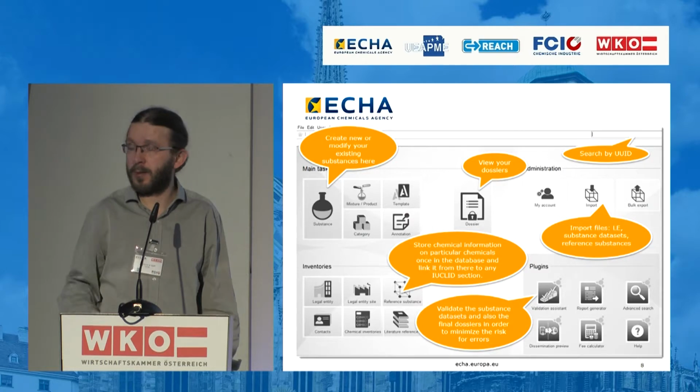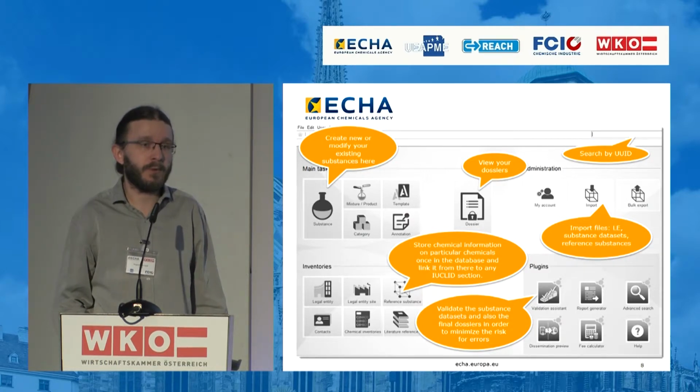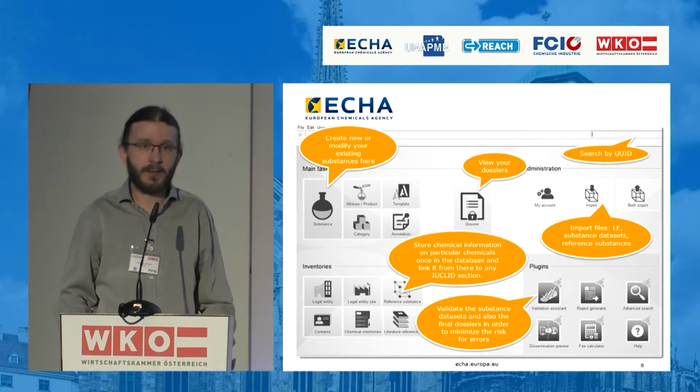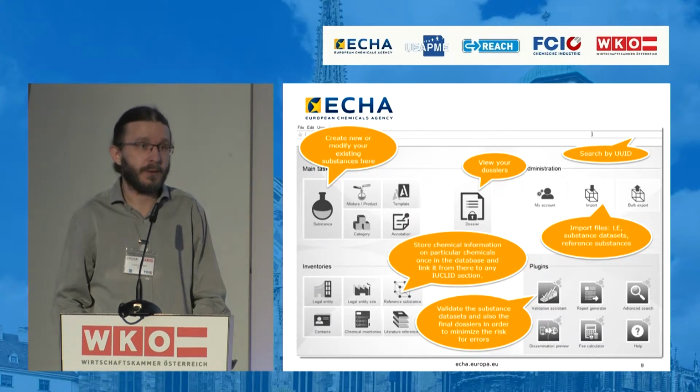Within Euclid itself, you have the possibility to check this beforehand, before the submission, to know in advance whether your dossier will be accepted or not. I will show you how this works, but basically if the validation assistant tells you that there are some gaps or errors in your file, it's not a good idea to submit it to ECHA, because you will have exactly the same outcome after your submission.